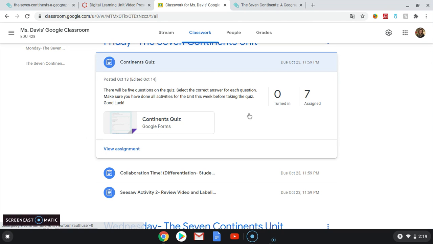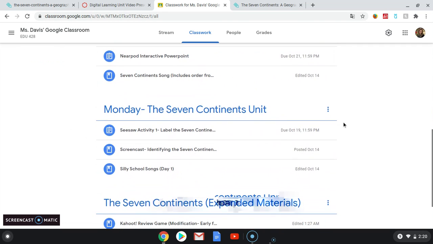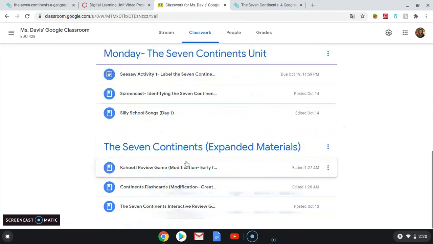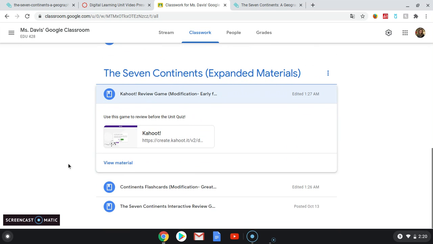And ways I had a positive learning environment: I supported collaboration and creativity. I had some of the games I know my students really like from their interests in other activities that we've done in class. I did a Kahoot game with about 10 questions on it to study for the quiz.